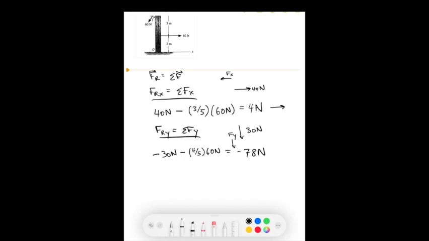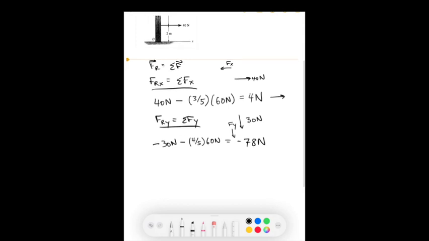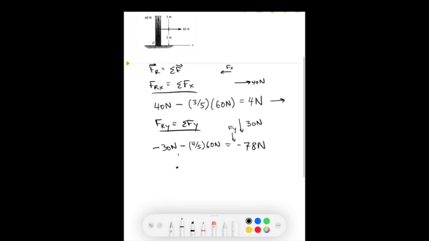So the next thing we want to do is find the equivalent moment. So first thing we have to notice is that some forces don't create any moment. So for example, the force on the top acts through the point O. So this force has no moment, so we can ignore this one.